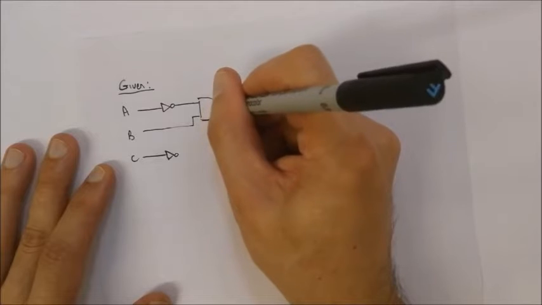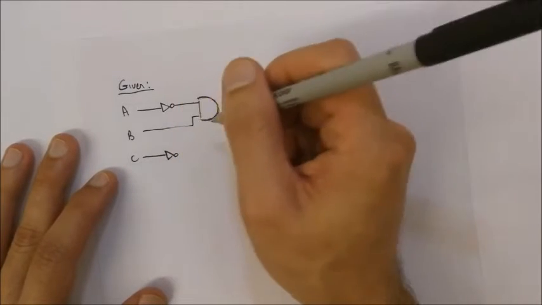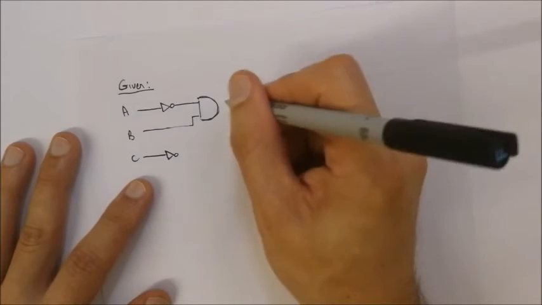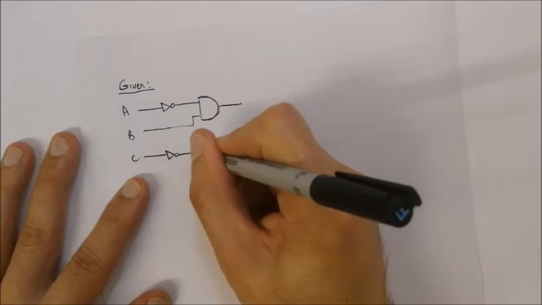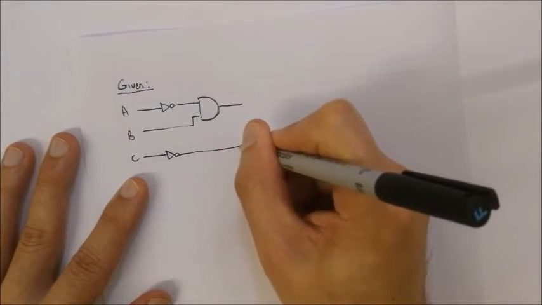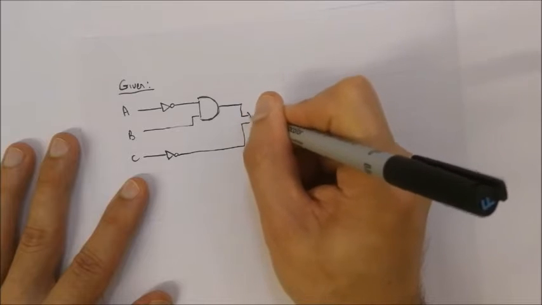Then what I want to do is have this C naught ORed with the output of that gate over there. So we OR that together.